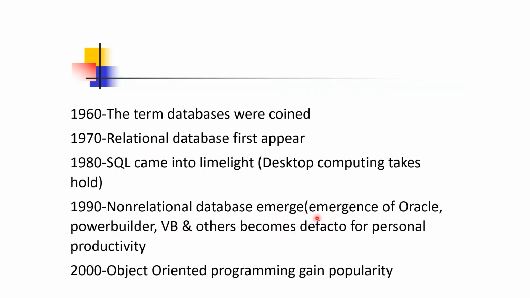It became de facto, meaning reality, for personal productivity. We can use these databases for personal use also. In the year 2000, object-oriented programming, OOP languages, gained popularity, where programs are designed in the form of classes and objects.